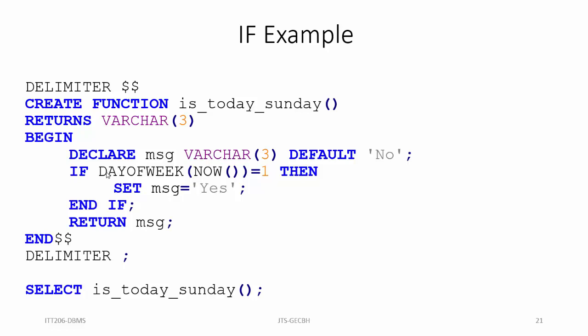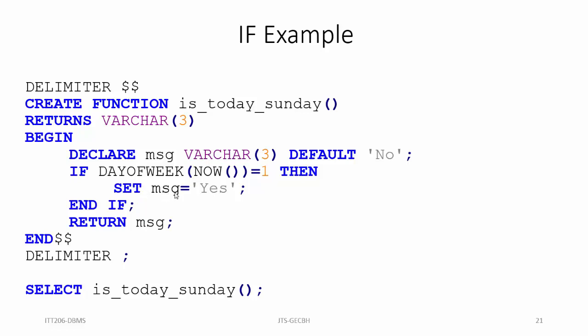Similar to how we learned in the C programming language, it will check if the day of the week is equal to 1, then the message is set to S. Just note the difference here. First we write the if keyword, then the condition. For equality checking, we only use one equals sign. Then we have the keyword then, and if we are performing any assignment operation, we have to use the keyword set.